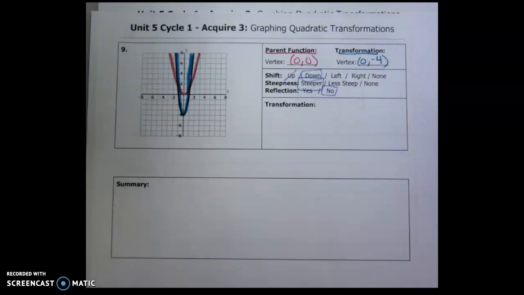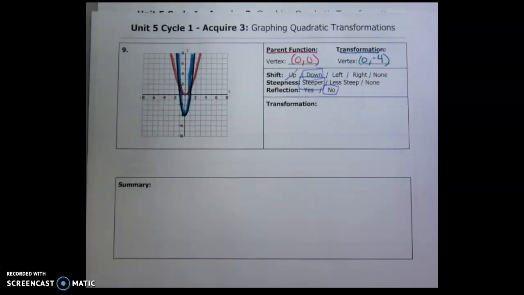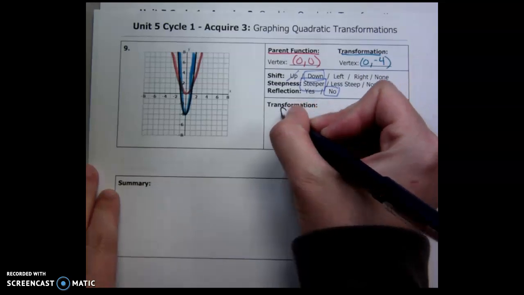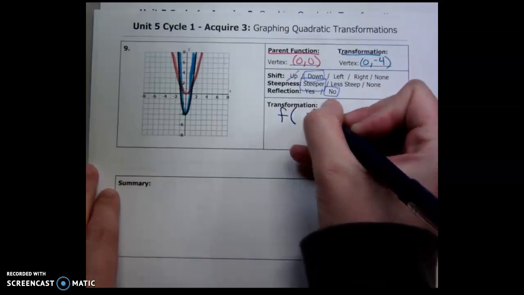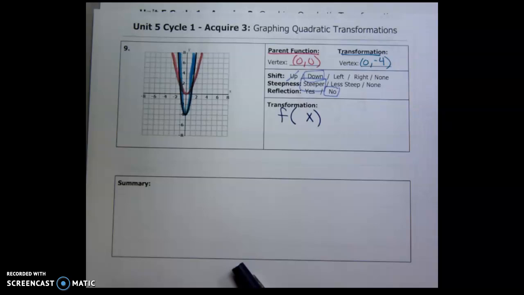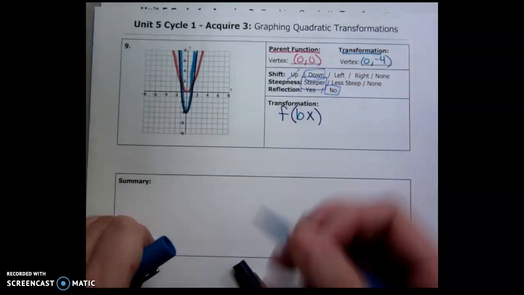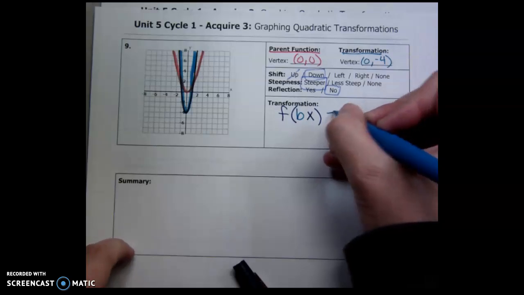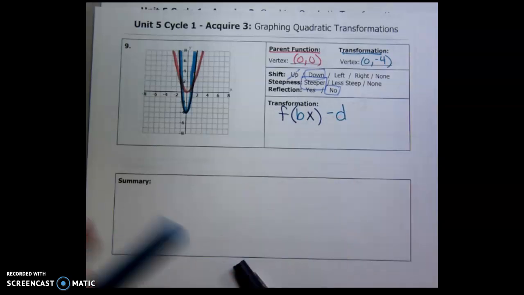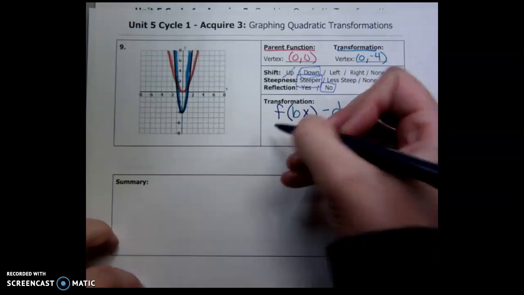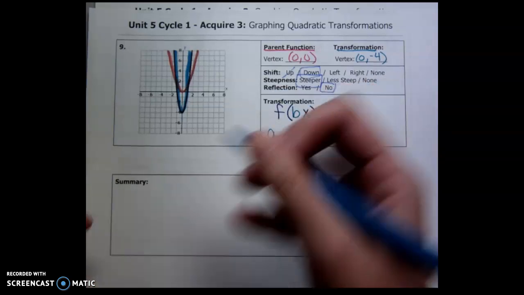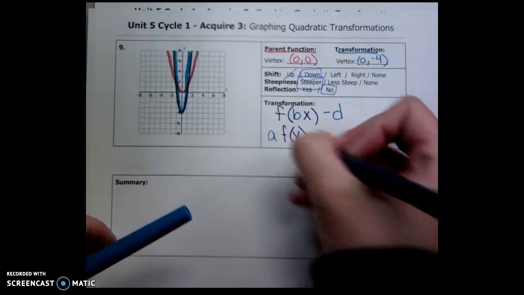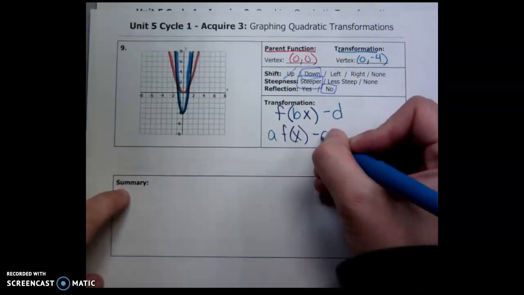No. So the transformation could either be F with B inside next to the X, or it's also minus D, or it could be A. F of X, and then minus D.